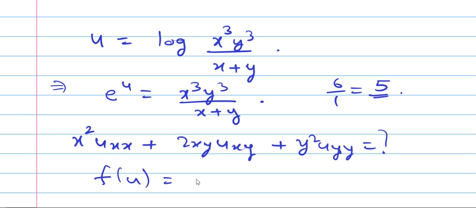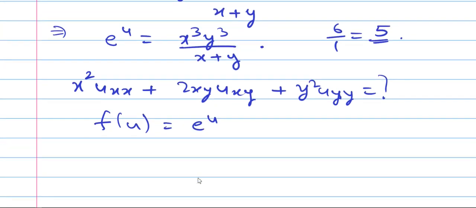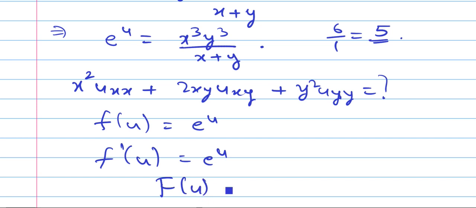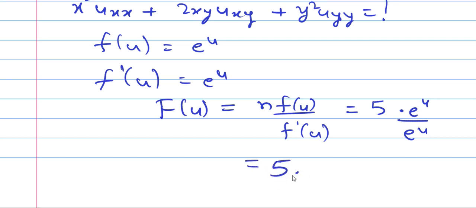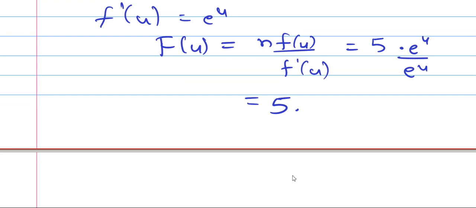Small f of u is e raised to u, and f dash u, the derivative of e raised to u, is again e raised to u. Then capital F of u is n small f of u divided by f dash u. Here n is 5, f of u is e raised to u, and f dash u is e raised to u, so that is nothing but 5. Then I find capital F dash u: the derivative of a constant is 0.